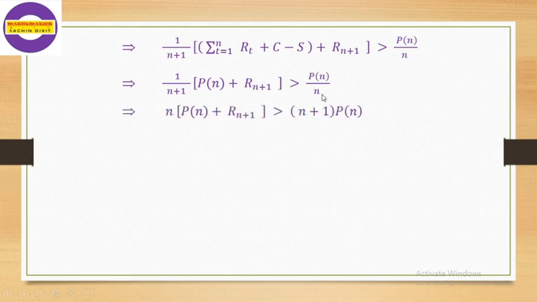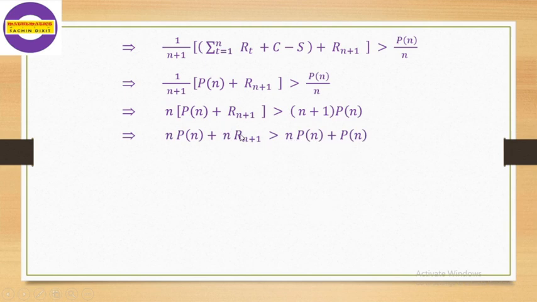Now cross multiply this n and this n plus 1. We get n into Pn plus R of n plus 1 is greater than n plus 1 into Pn. Now multiply this n and this Pn to this bracket. We get nPn plus n into Rn plus 1 is greater than n into Pn plus Pn.